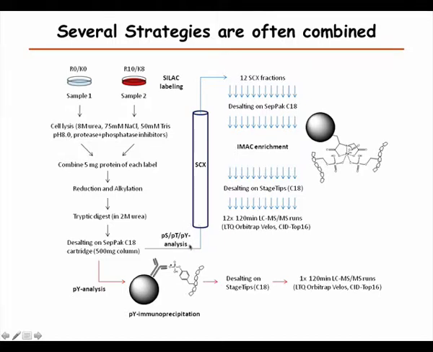And here they start with cation exchange first into 12 fractions, and then do the IMAC enrichment for phosphopeptides, and then run 12 times 2-hour LC-MS runs to analyze the phosphopeptides.